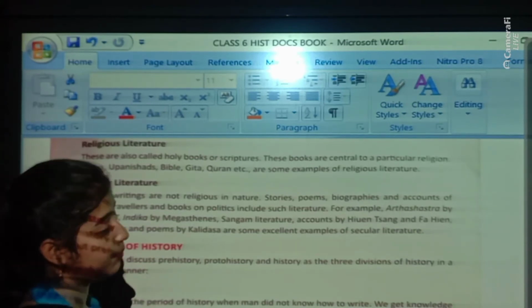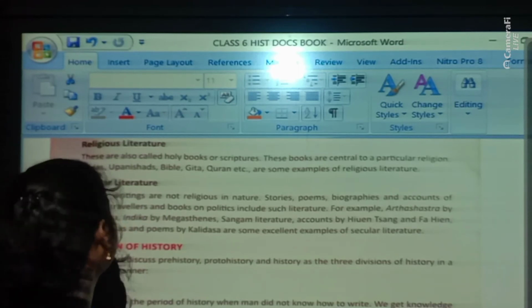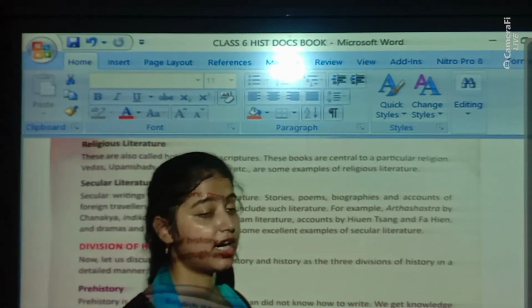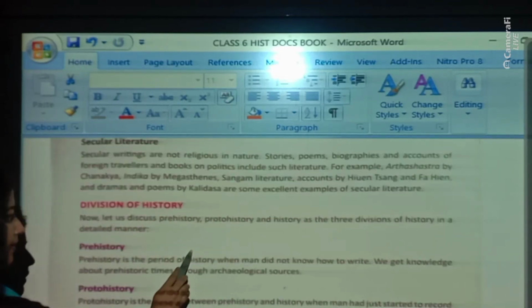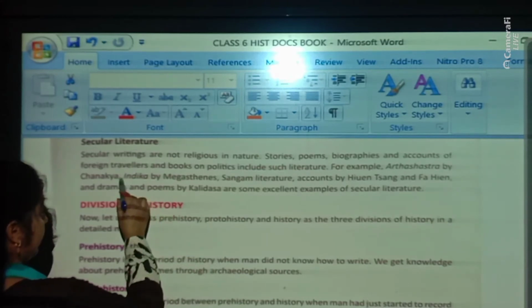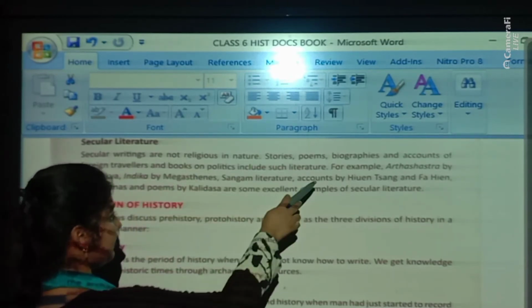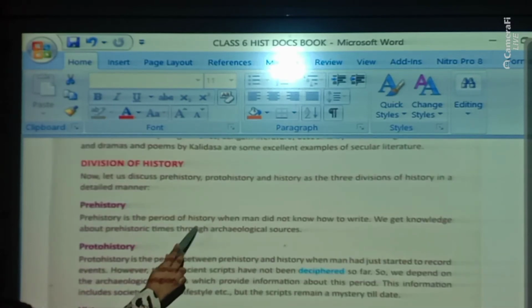In the Maurya-Gupta period, in Chandragupta Maurya's time, the economist Chanakya wrote the Arthashastra, which describes the Indian economy at that time. Indica written by Megasthenes, Sangam literature, accounts of Huan Tsang and Fa-Hien, and the dramas and poems of Kalidas are excellent examples of secular literature.